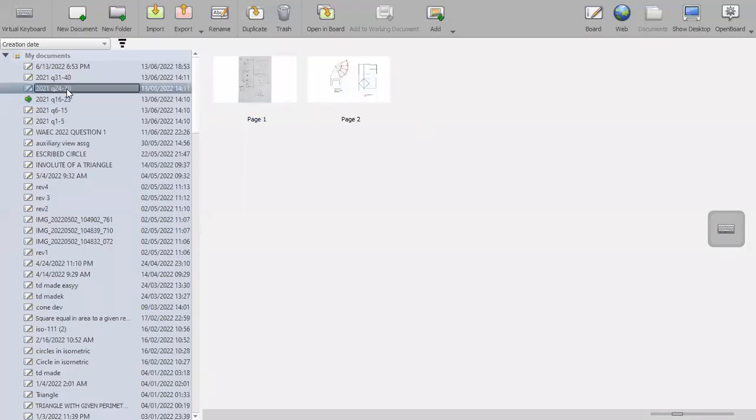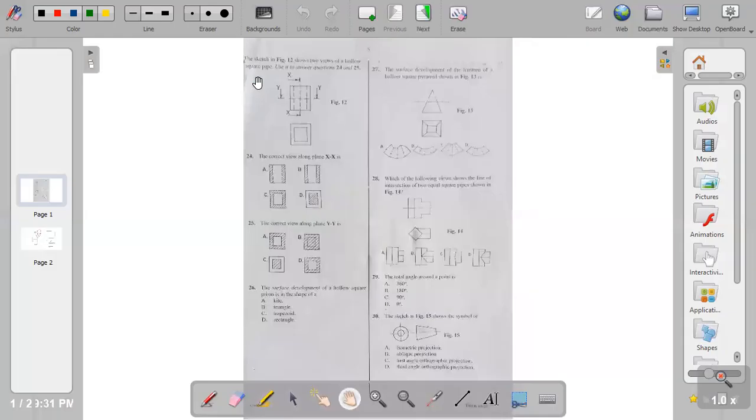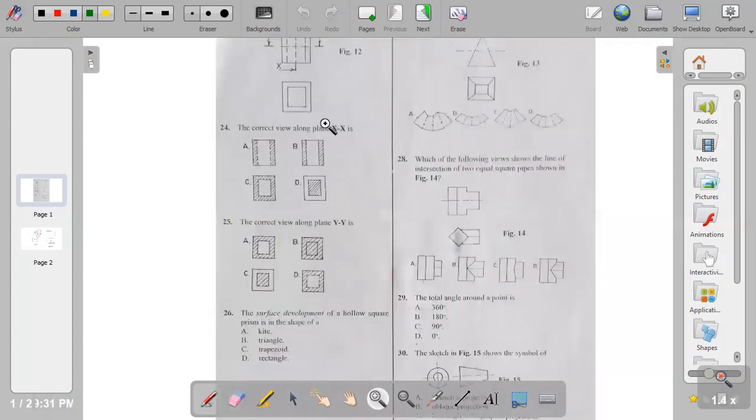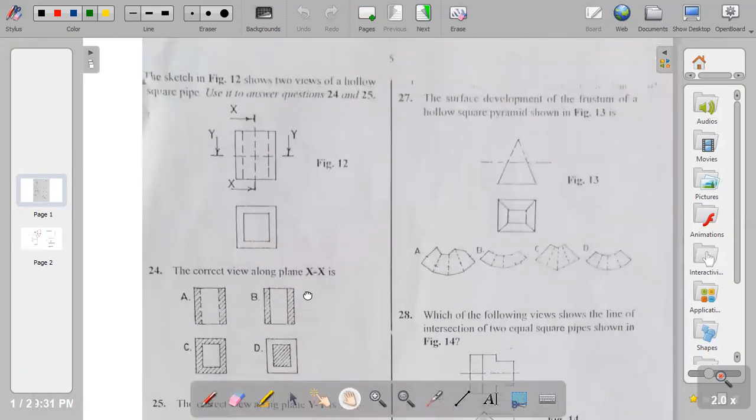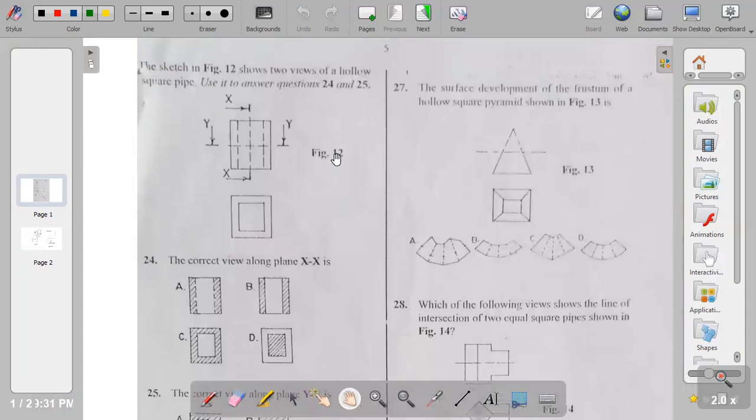So we are moving to question 24. Question 24. The sketch in figure 12 shows two views of a hollow square pipe. Use it to answer questions 24 and 25.